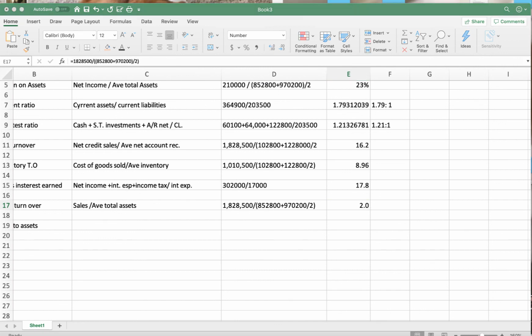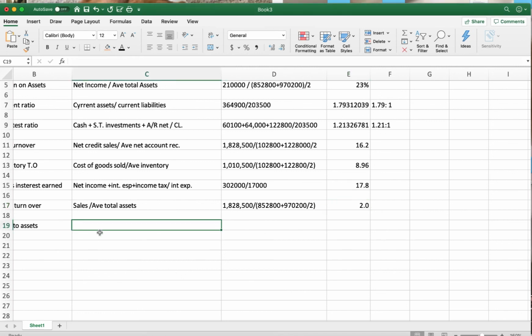So to figure out the debt to assets, we take our total liabilities, and we divide them by our total assets, right?